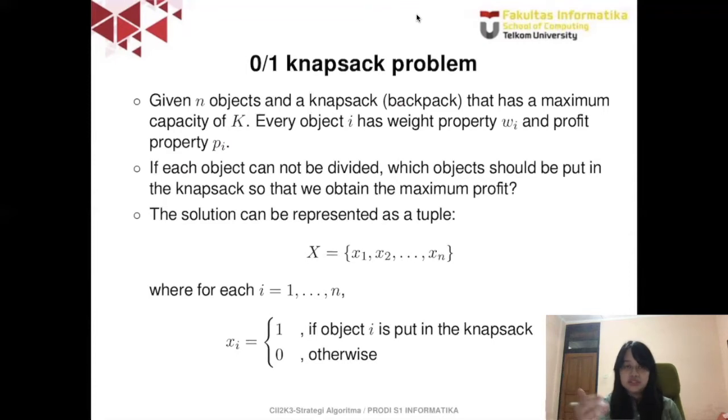So the solution itself can be represented as a tuple like this, where xi is equal to 1 if object i is put in the knapsack, or we choose the object for the knapsack, and it's 0 if we do not put the object in the knapsack. So 0, 1 here means we either take an object or we do not take the object.